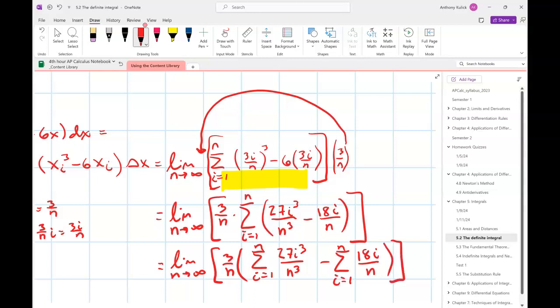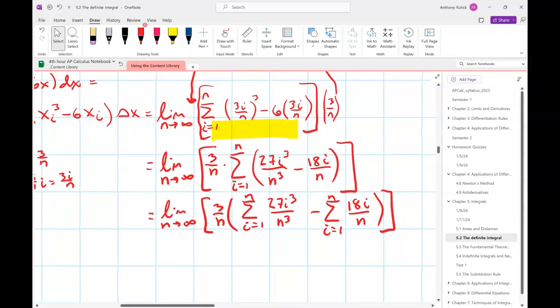Is that from one of the rules from there? Mm-hmm. Okay. And now I'm going to distribute the 3 over n to each sum. And I'm going to pull the constants from the sum out to the front. So I'm going to do 2 things on this step.